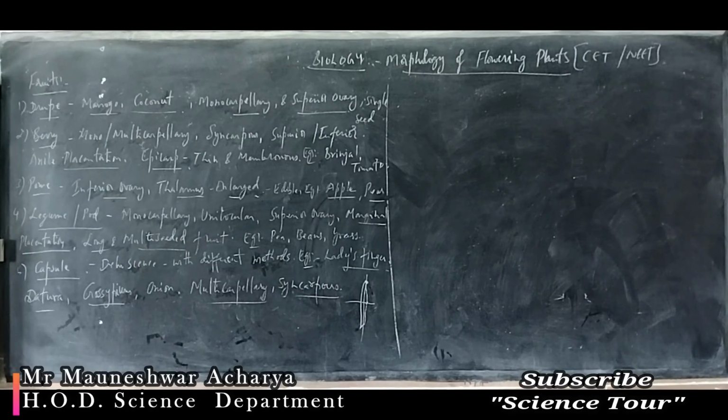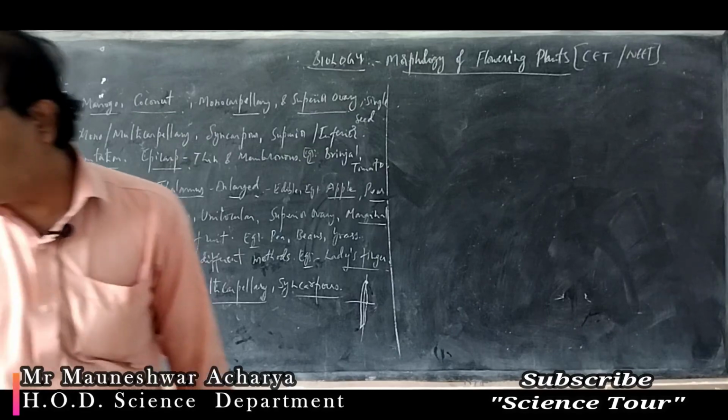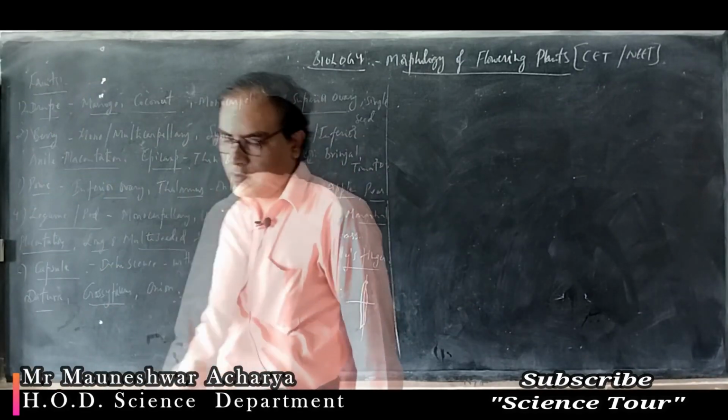Okay students, this is the synopsis for the topic morphology of flowering plants, and next we will take the worksheet and solve the different questions one by one. Let me erase the board.